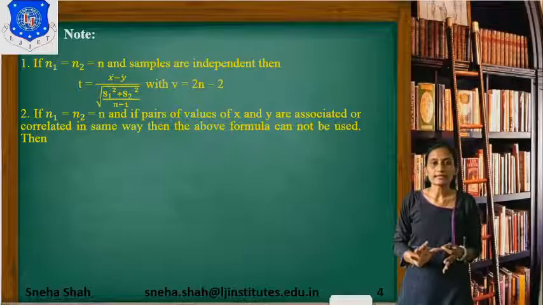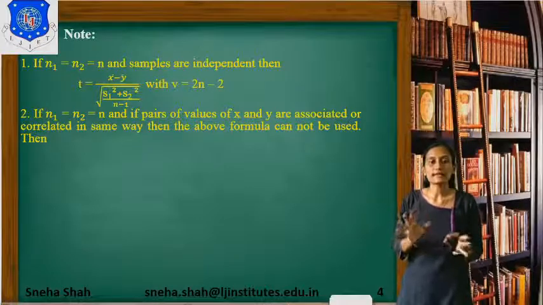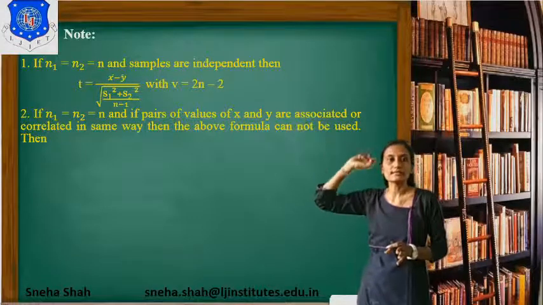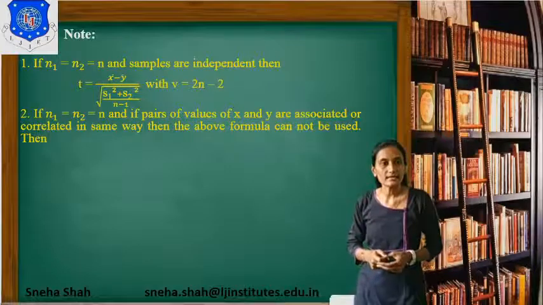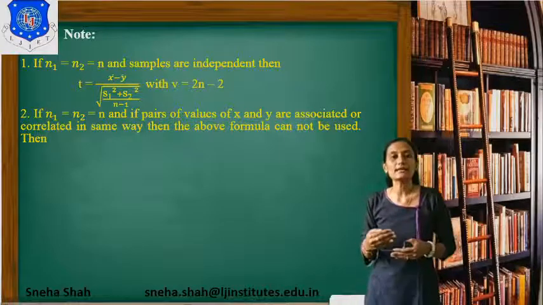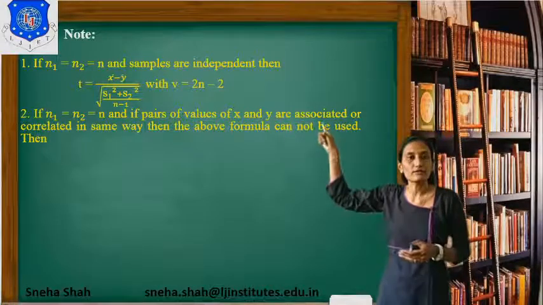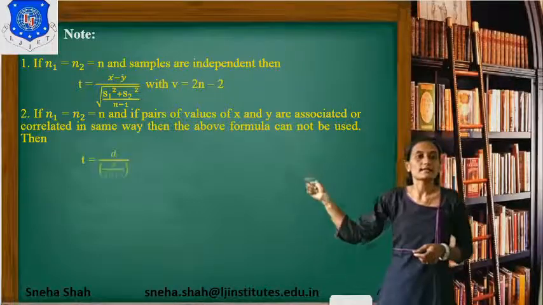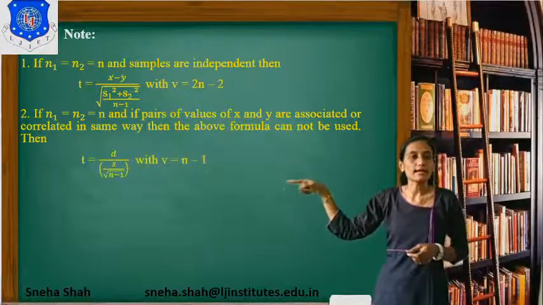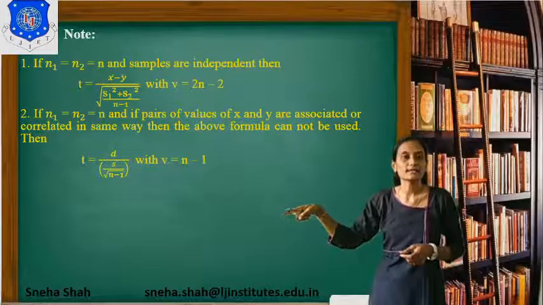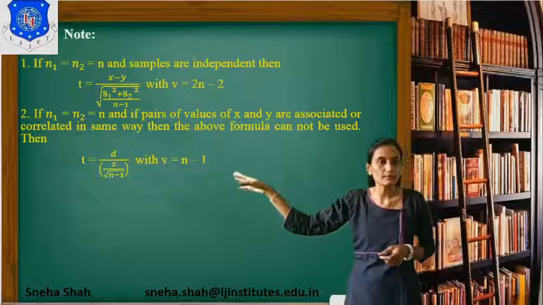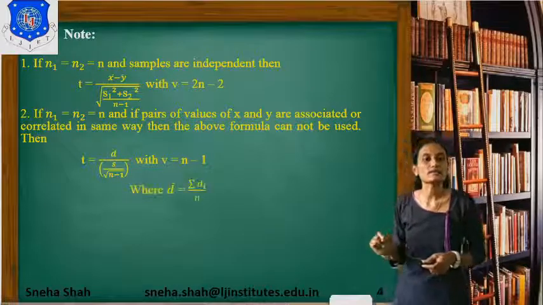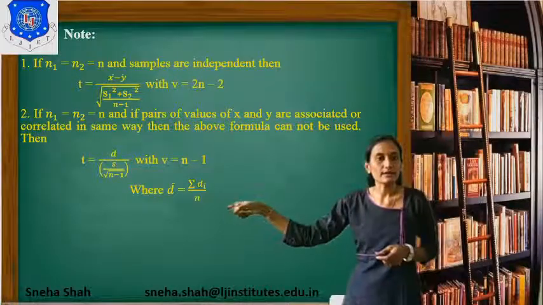Meaning if these two are independent of each other, then and only then can we use the first equation, and if they are correlated, then we cannot use the above equation. So we will use the next equation: t equals d bar upon s upon the square root of n minus 1. In this, the degrees of freedom v equals n minus 1. Here the value of d bar equals summation di upon n.